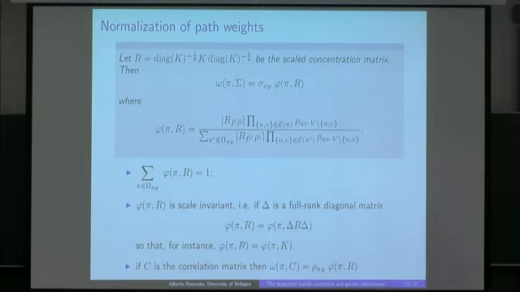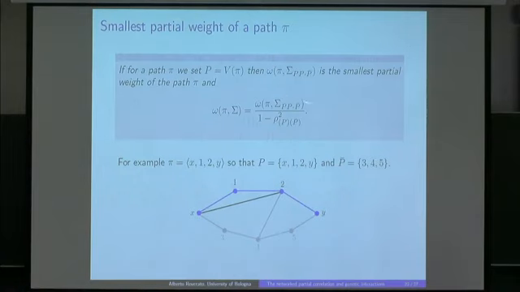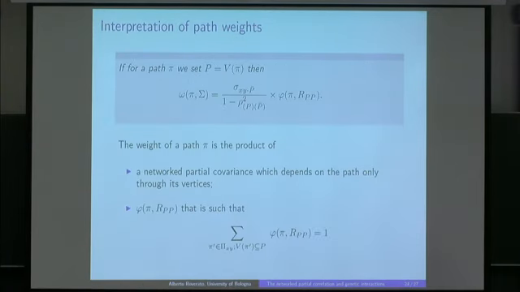But what is more useful for me is to take this kind of factorization and this ratio here and put them together. And we obtain a form like this. We can write the weight of a path, and this is a network partial covariance, and this is this phi computed on the matrix RPP.